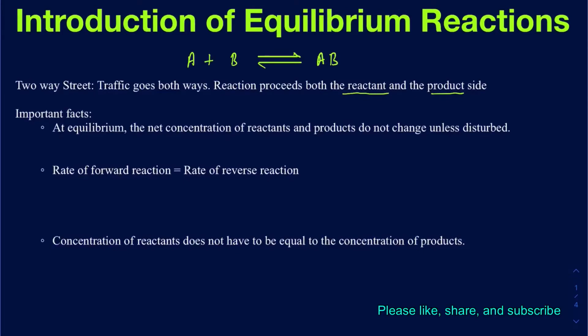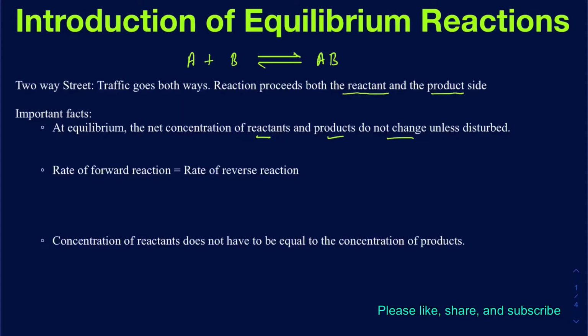Now, some of the important facts you must know about the equilibrium reactions. Once the reaction has reached the equilibrium, the net concentration of your reactants and your products do not change unless you disturb those. Now, what does that really mean when we say disturb?